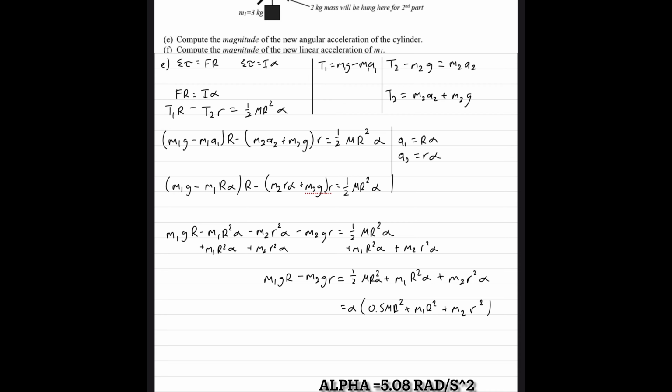Okay. So divide both sides by whatever's in the parenthesis.